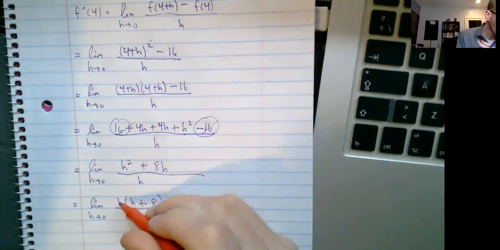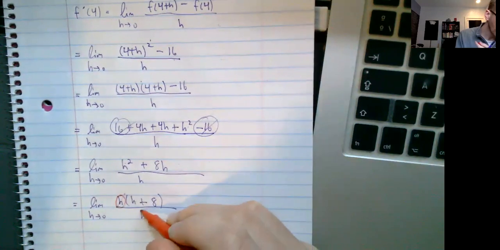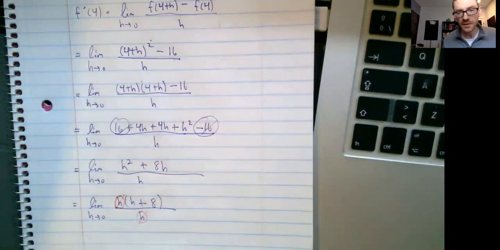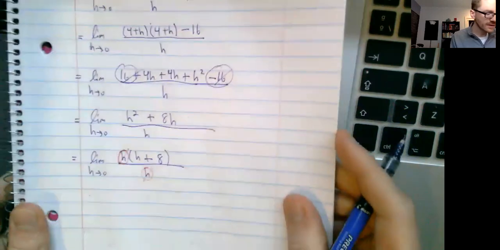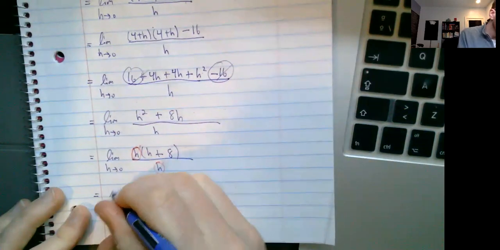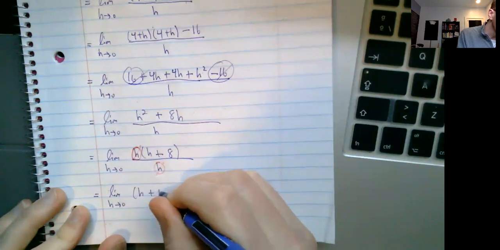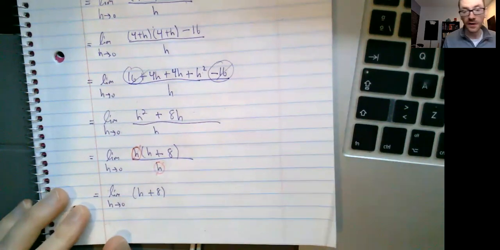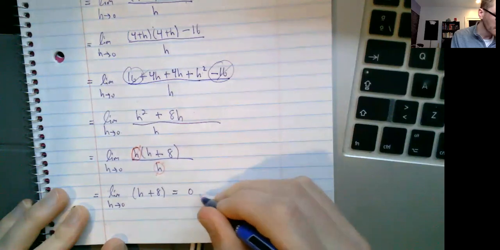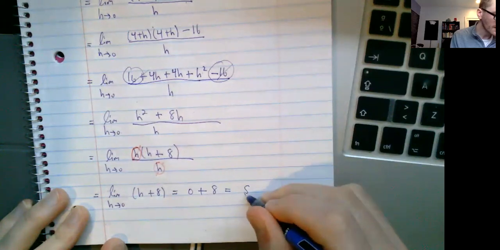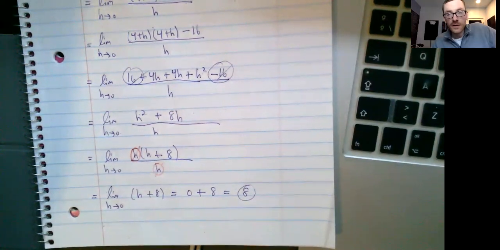This h on top is going to cancel with this h on the bottom, leaving us with just the limit as h approaches 0 of h plus 8. And now if we plug in 0 for h, we get something very reasonable, namely we just get 8. So that's the value of the limit, and in turn that's f prime of 4.